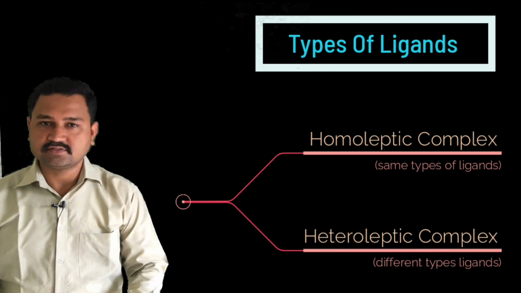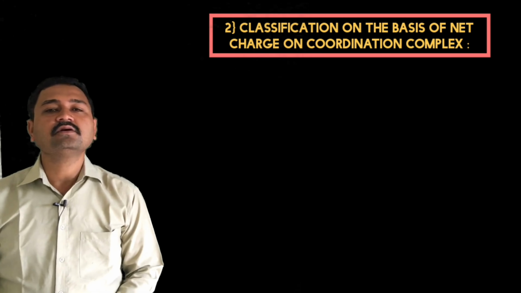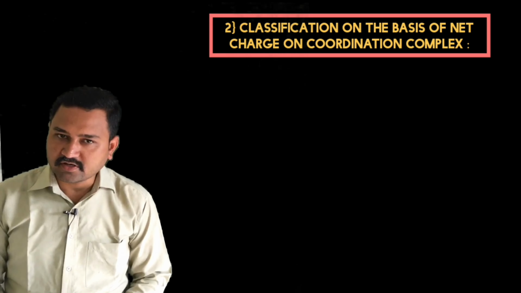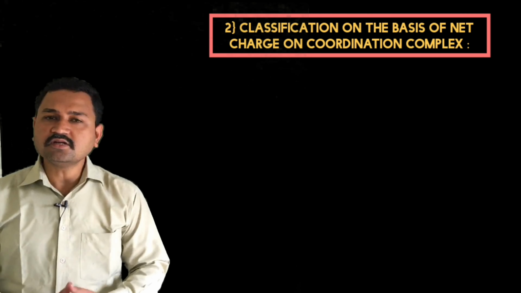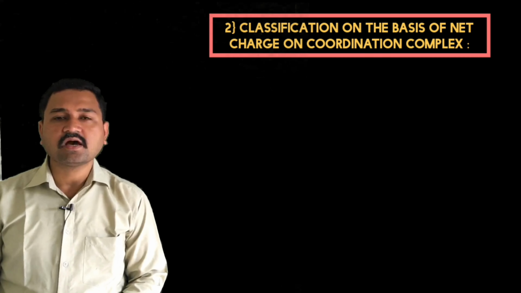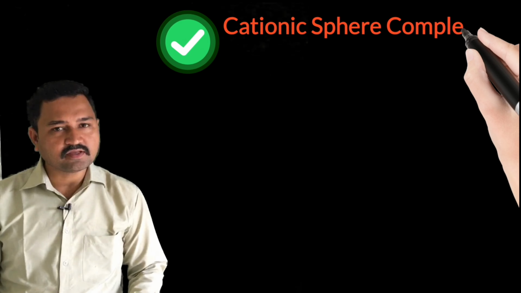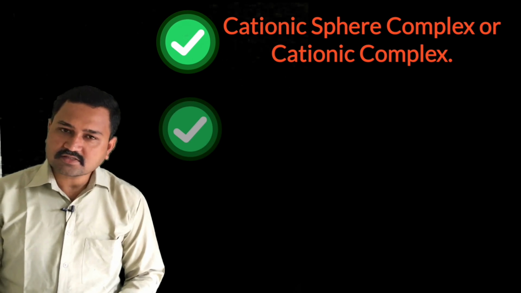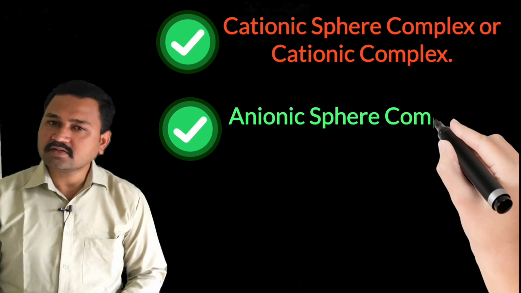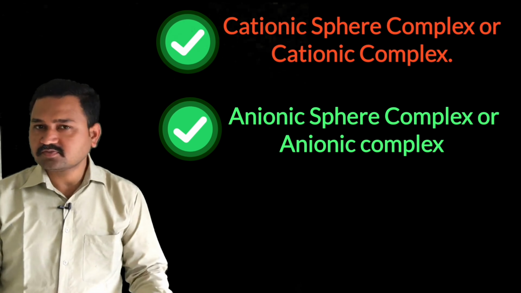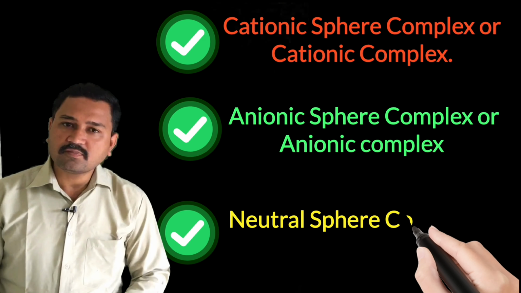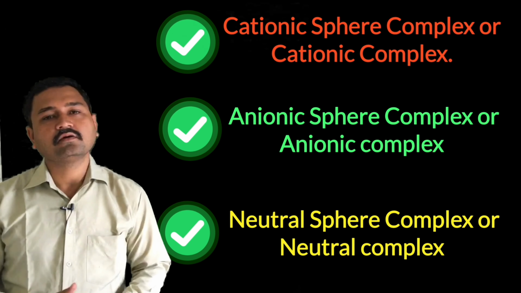Let's consider the second classification, that is the classification on the basis of the net charge on the coordination complexes. Generally these coordination complexes are classified into three types: the cationic sphere complexes, or simply the cationic complexes; next, the anionic sphere complexes, or anionic complexes; and third, the neutral sphere complexes, or simply the neutral complexes.